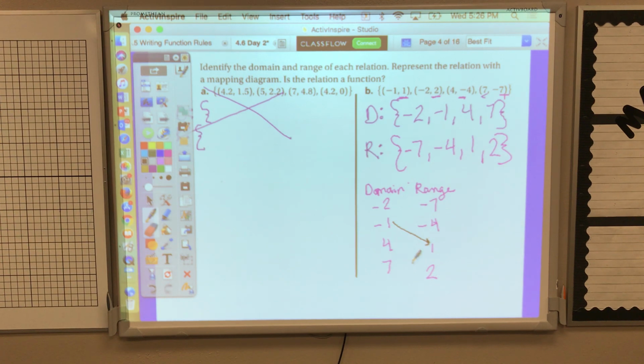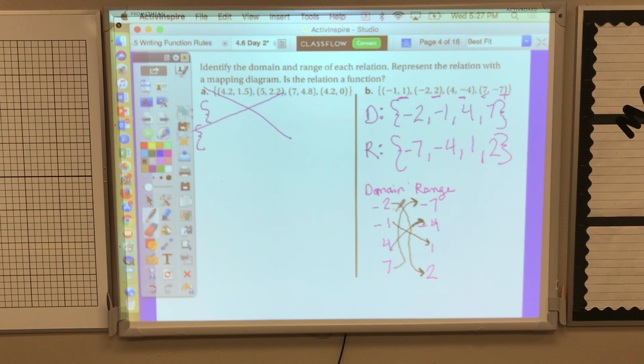Make sure I can tell which number you're pointing to. -2 goes all the way down to 2. 4 goes to -4, up here. 7 is paired with -7, so the 7 goes all the way up to the top. And make sure when you're drawing those arrows, if it's kind of messy like this one, that they don't all cross in the same spot. We want to make sure we can tell which arrow goes where.